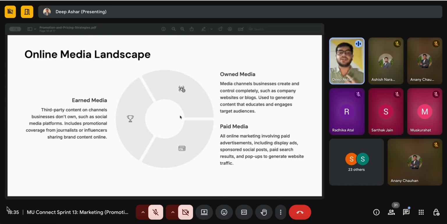We control the narrative. We control what is being put out. Paid media is all kind of activities for which we are paying out. That would be your pop-ups, search results, on Meta, Google, YouTube, etc. While we are paying influencers, it is projected as an earned media aspect, both them and journalists.